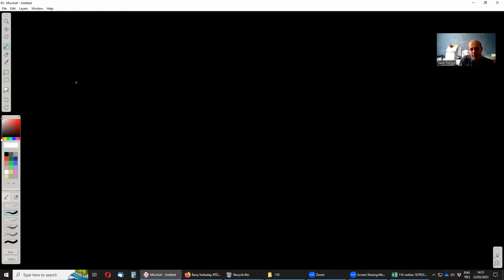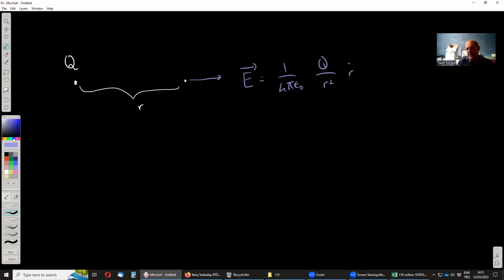In any case, Coulomb's law can be expressed like that. If I have a point charge Q, then the electric field produced by that point charge at a point with a distance r is given by that expression. I'm going to write this as a vector expression: E equals 1 over 4 pi epsilon 0, times q divided by r squared, times the unit vector. And the interpretation comes like that.